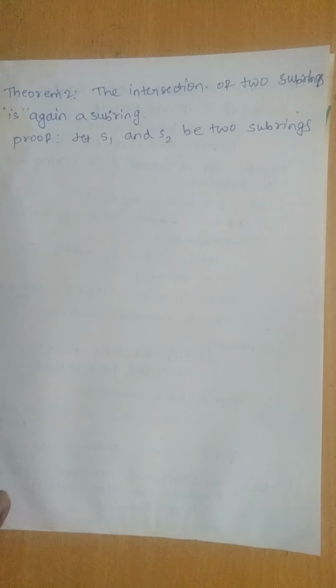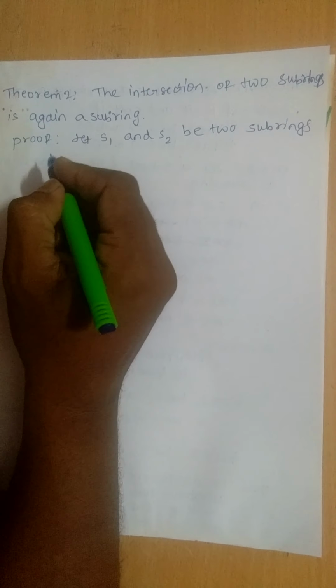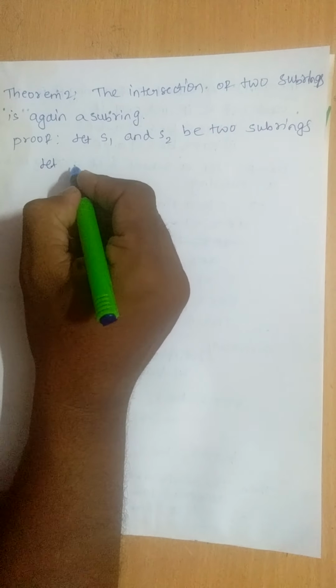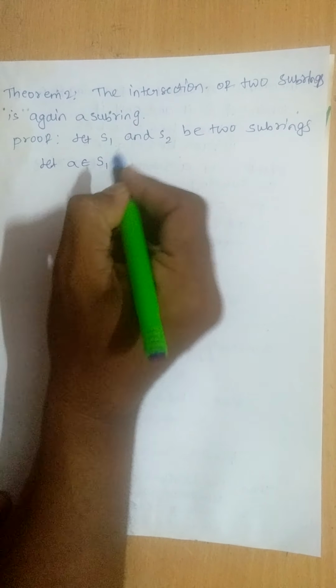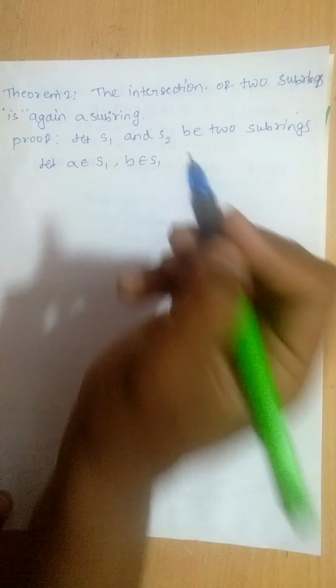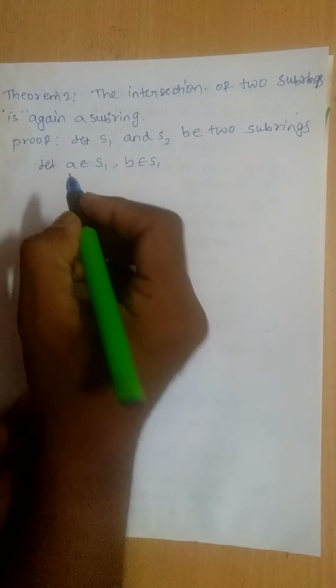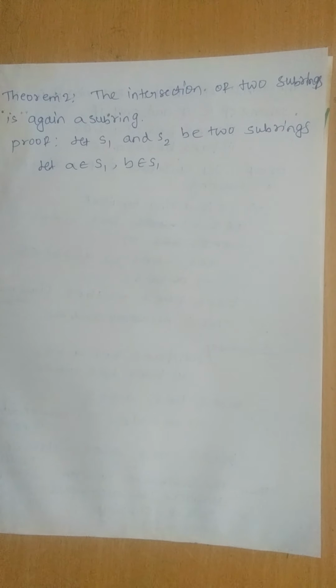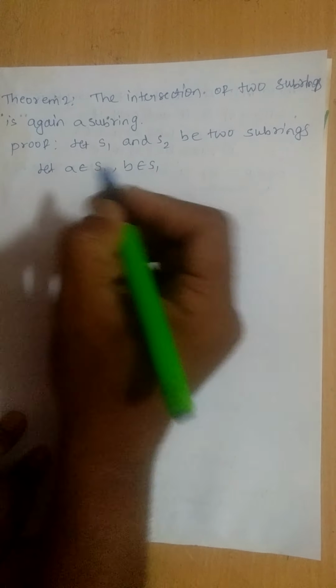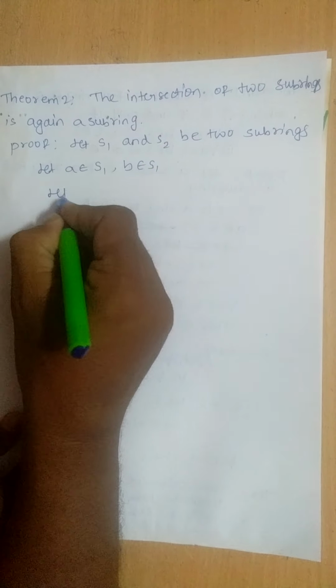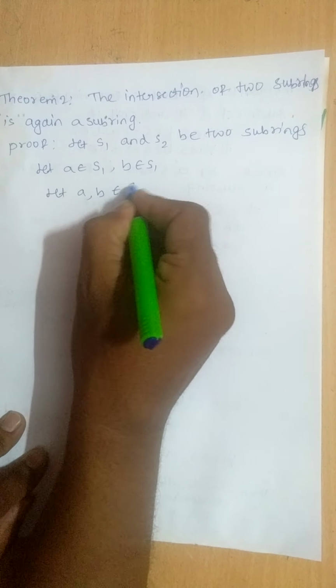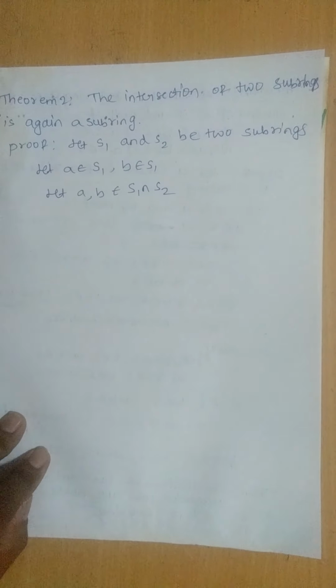Then we prove that S1 intersection S2 is also a subring. Let a belongs to S1, b belongs to S1, and let a, b belong to S1 intersection S2.